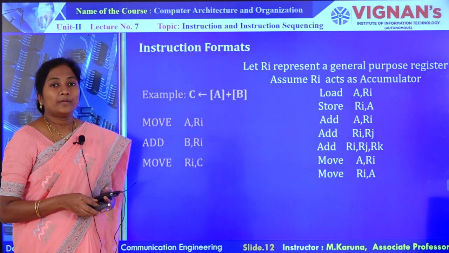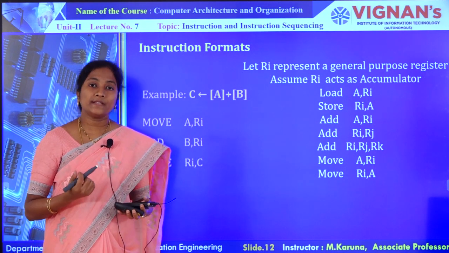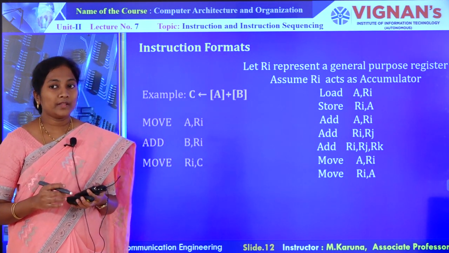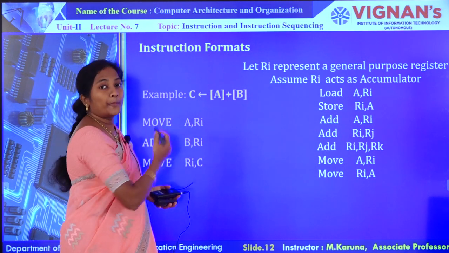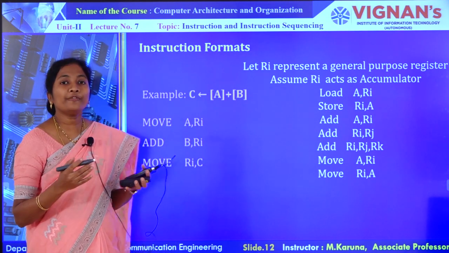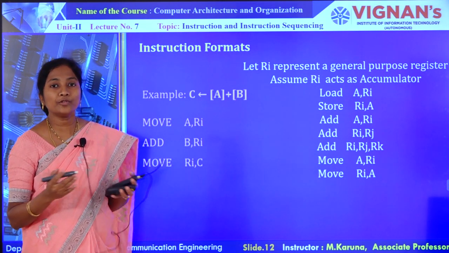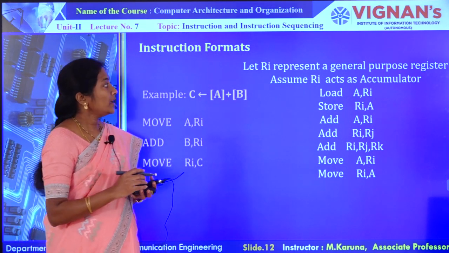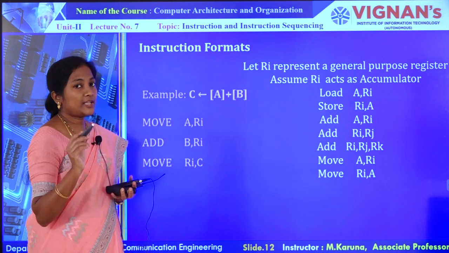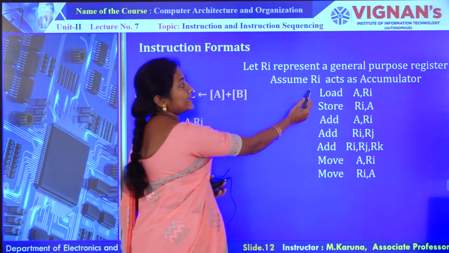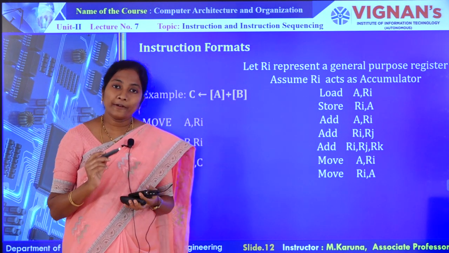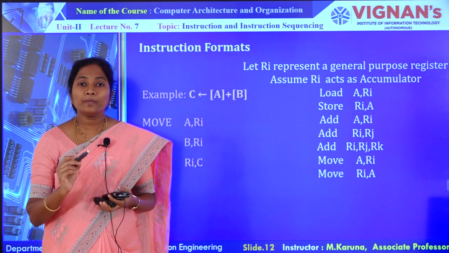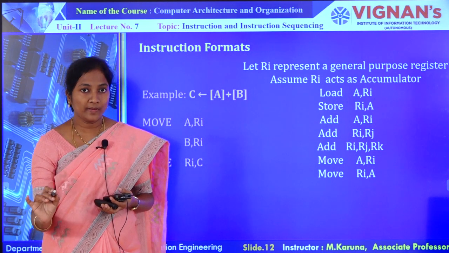Let us see how the operations are performed with processor registers. Number of registers varies from processor to processor. Here, let us assume Ri acts as accumulator. I already told you, after performing any operation, output will be stored in accumulator.